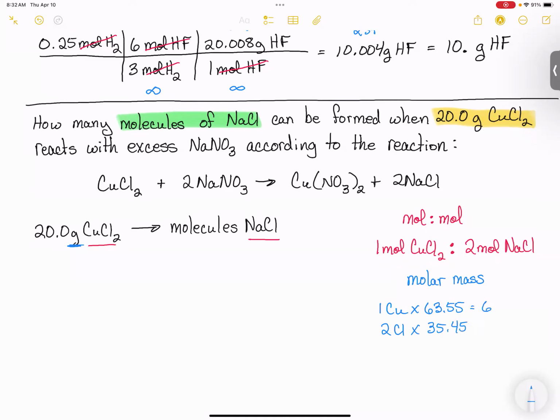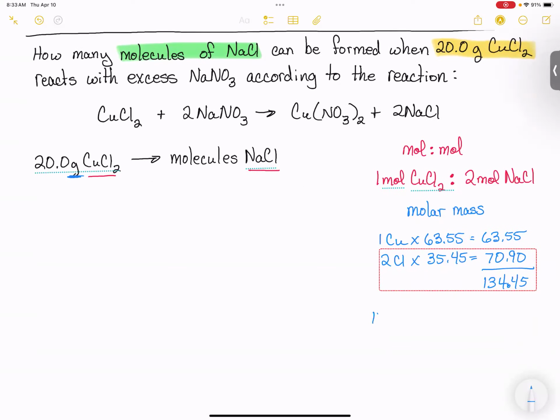So the copper contributes 63.55 to the molar mass. The chlorines contribute 70.90 to the overall molar mass. So adding those together, you get a value of 134.45. That is 134.45 grams CuCl2 equals 1 mole CuCl2.